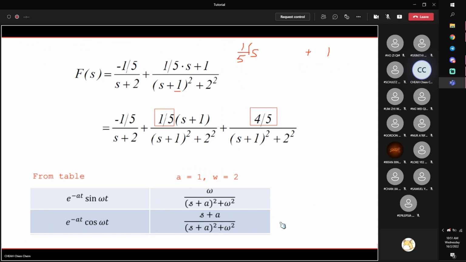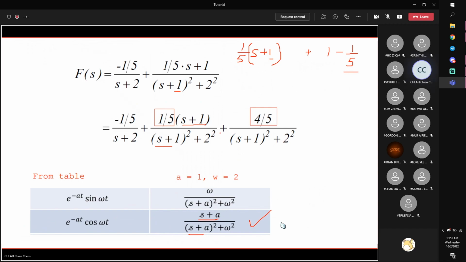But to get s plus 1, you just add this and minus this. Add 1 over 5 minus 1 over 5. So I get something like that: s plus 1, s plus 1, which is exactly in this form. So I settle the first term.